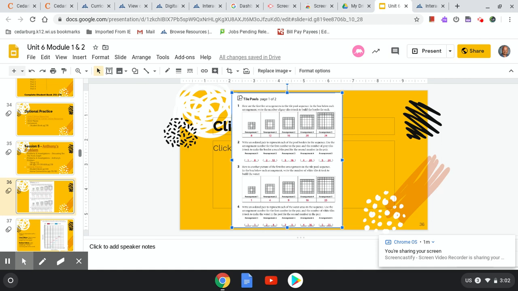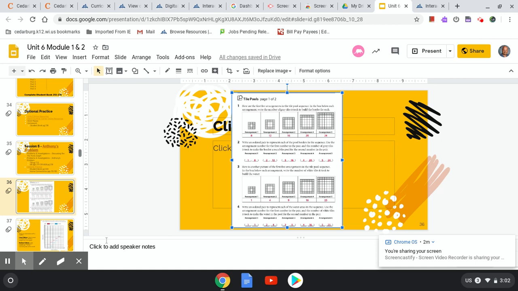The second set of data that we had to figure out was how many tiles it takes to make the pool. In the first pool, we only had 1 tile. The second one, we had 4, then 9, then 16, then 25. That's all work that we had done previously. And then you came up with ordered pairs.